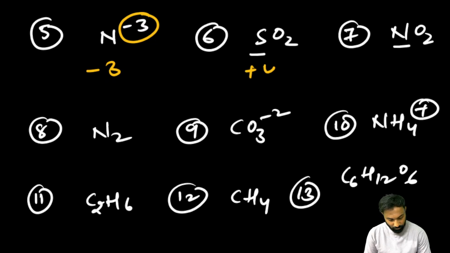Here it is plus 4. Here it is plus 4. Eighth one is 0 because it is present in its stable state. Ninth one, carbon.